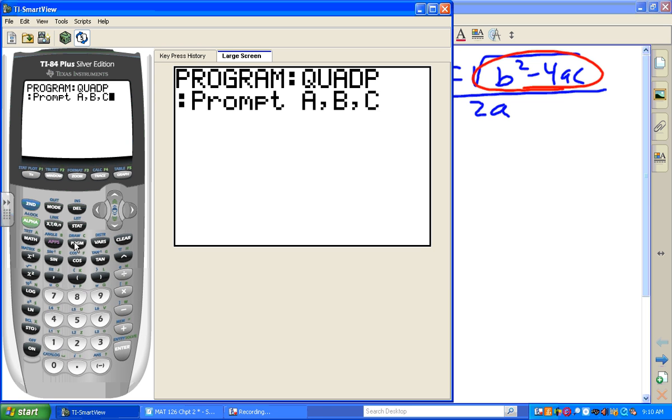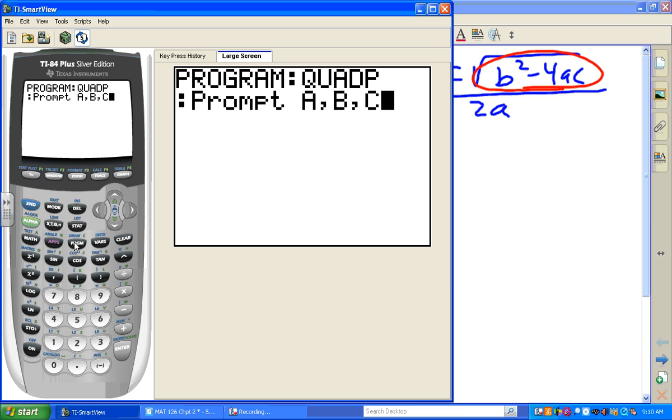Comma, on mine, is next to the x squared above the 7, catty-corner from the log button. Do you have to have alpha before all this? I did. Okay. The whole idea is I'm going to do this one time for the rest of the year. I'll never have to remember the quadratic program the rest of the year.